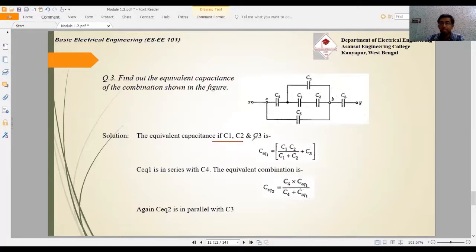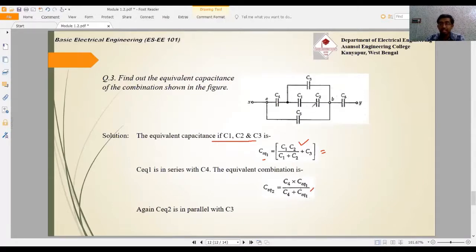So equivalent capacitance of C1, C2 and C3 we can write like this: C1 C2 divided by C1 plus C2 plus C3. So equivalent calculation you can do. Next, this C equivalent 1 is connected with C4 in series, so parallel calculation will be done.